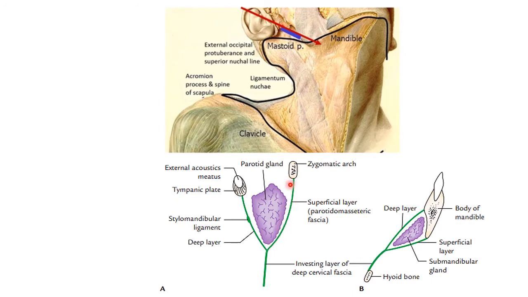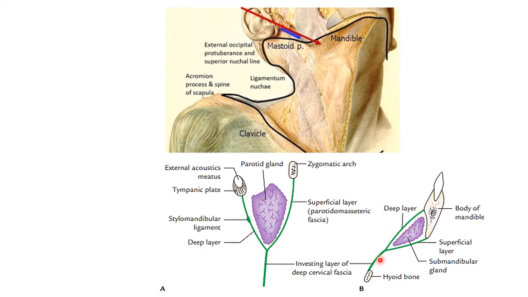This anterior layer is called the parotid fascia. The other layer that goes deep to the parotid gland is attached to the external acoustic meatus and styloid process and forms the stylomandibular ligament between.